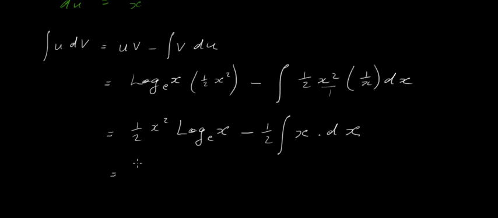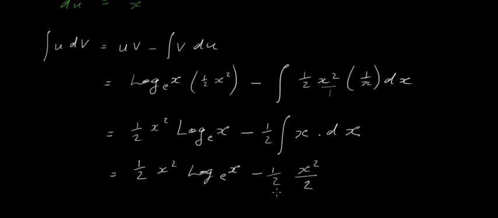Here I've got half x squared, log x to the base e. Here I've got the minus half. If I integrate x, I get x squared over 2, or another half if you like. So that's it. Okay, so now we've done the right hand side.